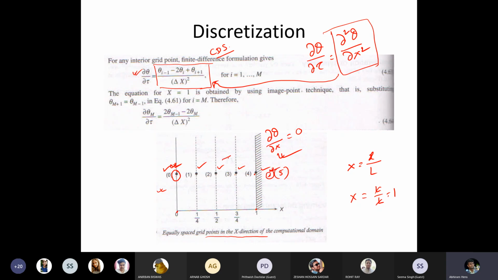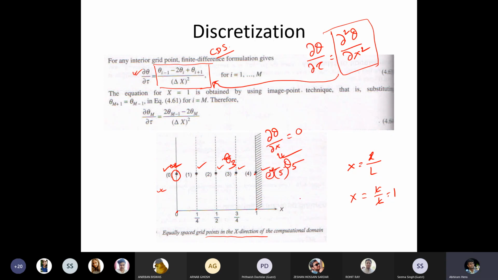So if the temperature is theta 3 and let the temperature at 5 be theta 5, we will consider theta 3 equal to theta 5, because the gradient is 0 here.